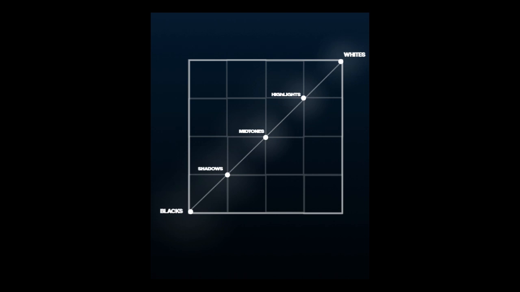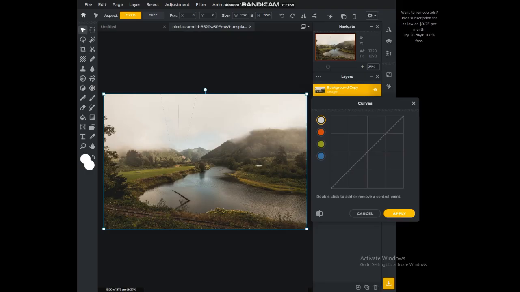Now the basic rule I follow with most images is applying dots. First, we apply a dot by double clicking. These are the midtones, these are highlights, these are shadows, these are blacks, and these are whites.